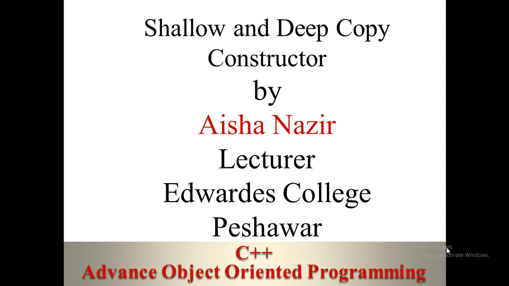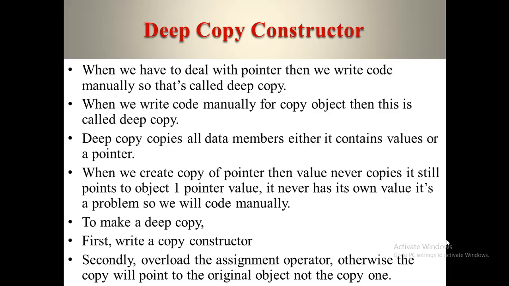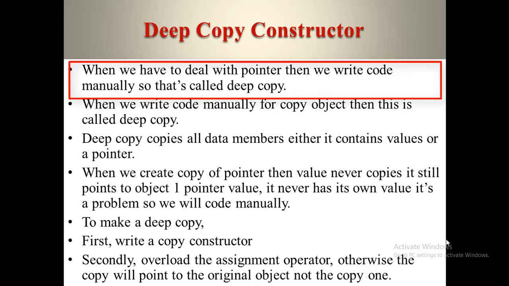So the deep copy constructor is basically used when we deal with user defined data types. Shallow copy is used to deal with primitive data types that occupy very little space, while for the deep copy constructor, when we have to deal with a pointer, then we write code manually.